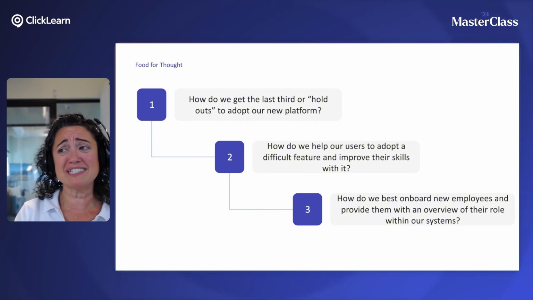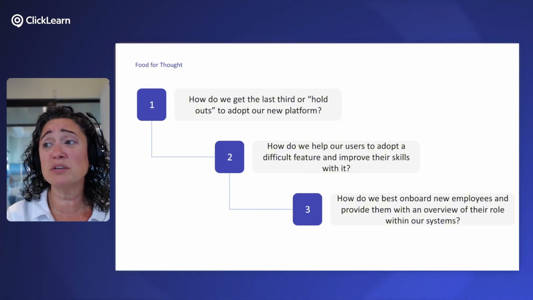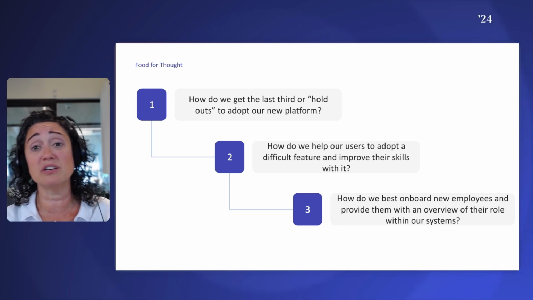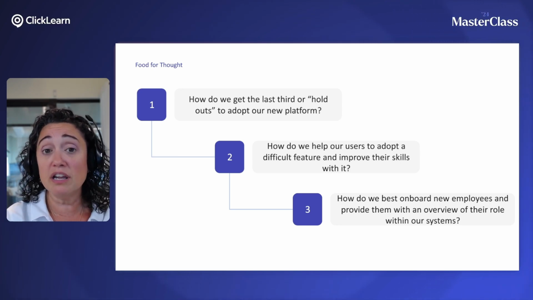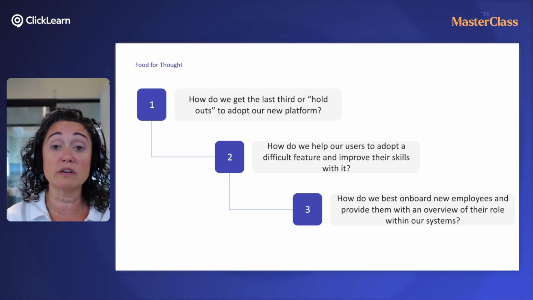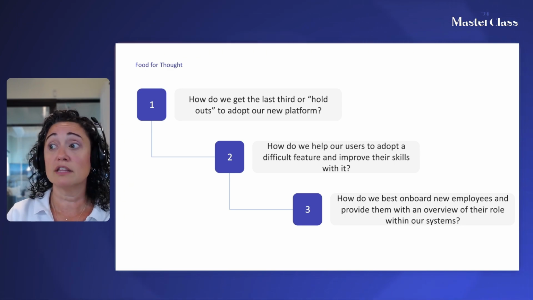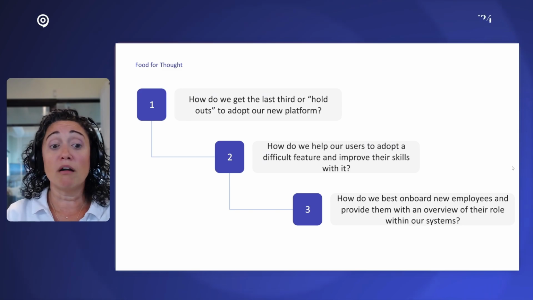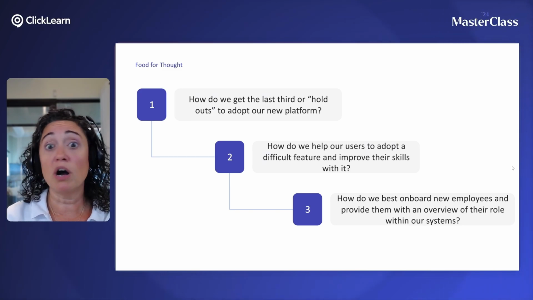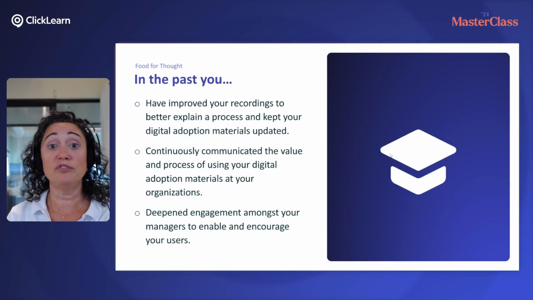And how do we best onboard new employees and provide them with an overview of their role within our systems? Three questions that as CSMs we hear all the time, three questions that are helped to be answered with the feature tours.